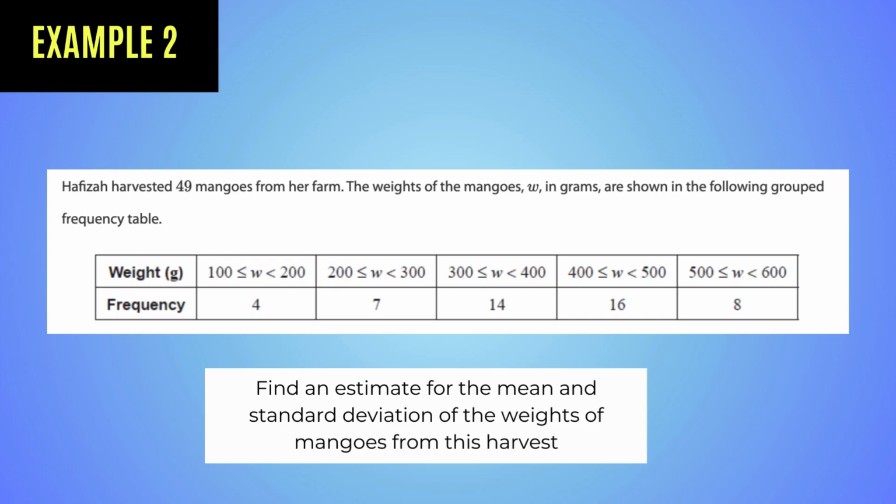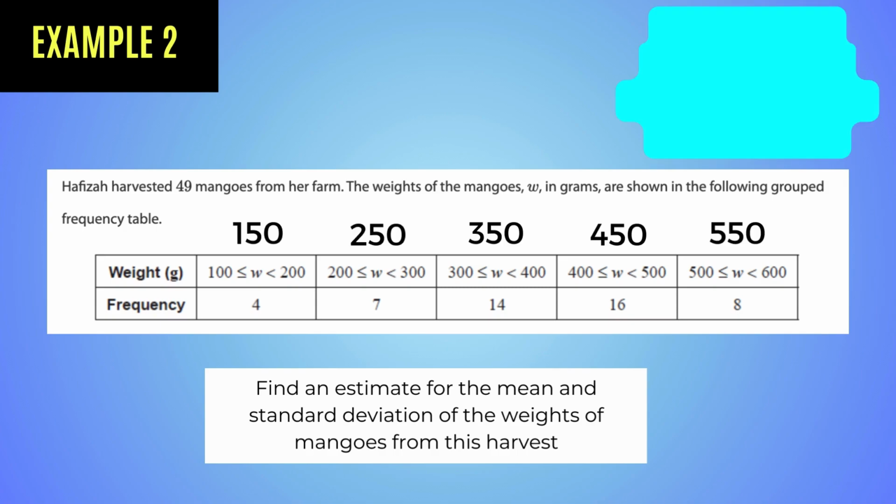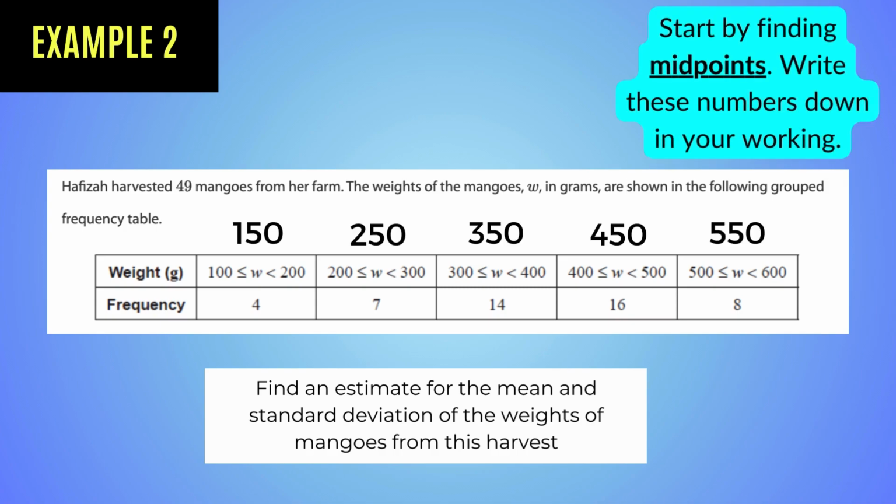For the next column, we would estimate that if the mangoes weighed between 200 and 300 grams, that they actually weighed 250 grams. So start by finding the midpoints of each category, write those numbers down in your working because there's going to be marks allocated for writing down those midpoints, and then those are the numbers that we will be typing into our graphical calculator to work out the estimate for the mean and the standard deviation.